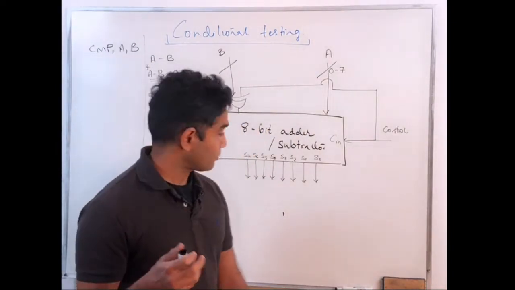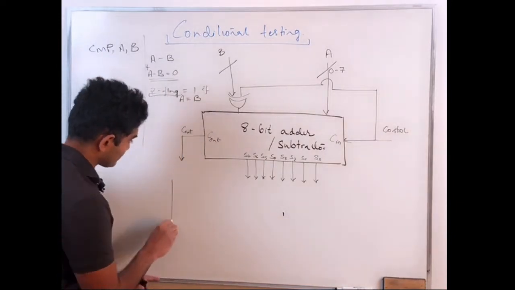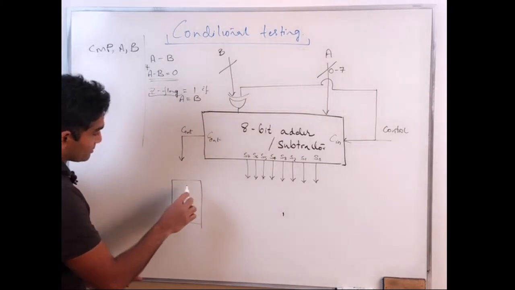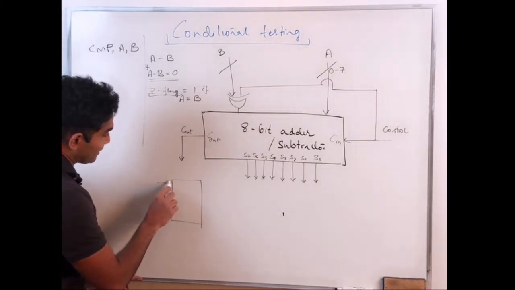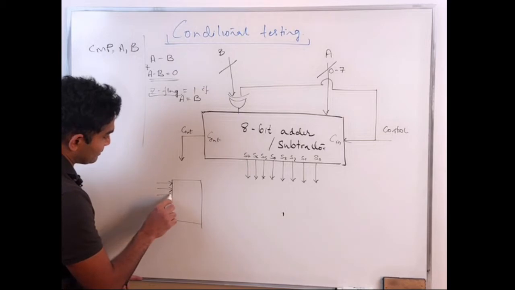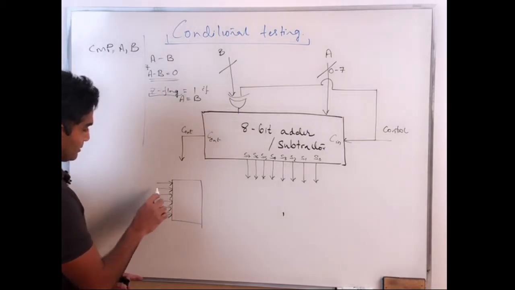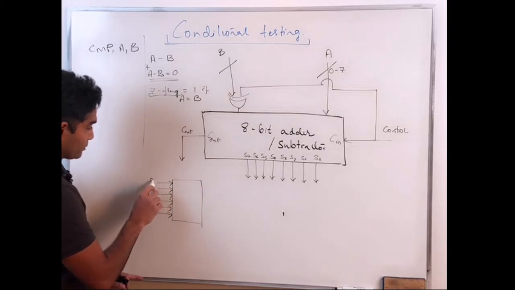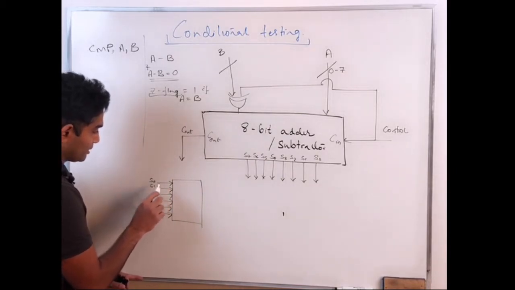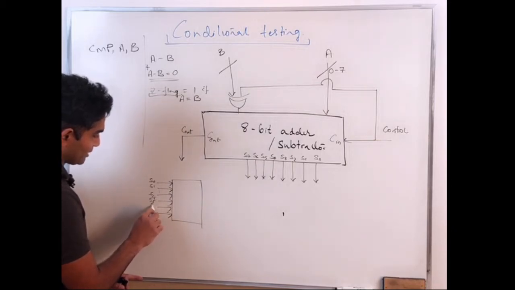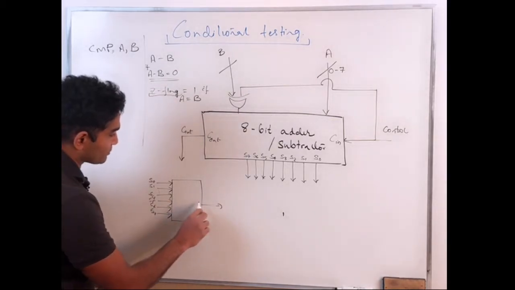What are the inputs? So basically you want to design something. That's your level 0 design, where this has to test the applied inputs, in this case the sum, the 8 inputs S0, S1, and so on, to S7.